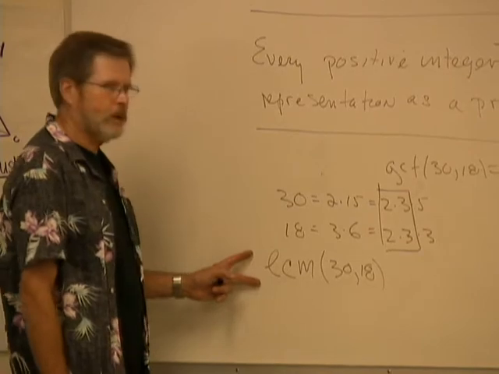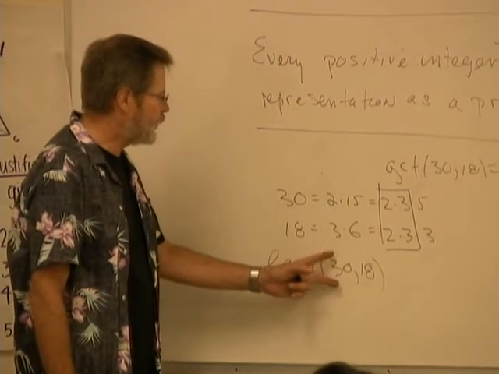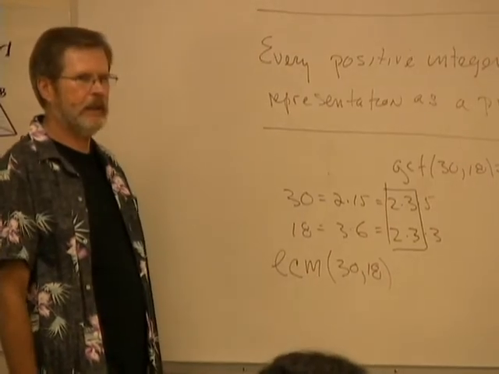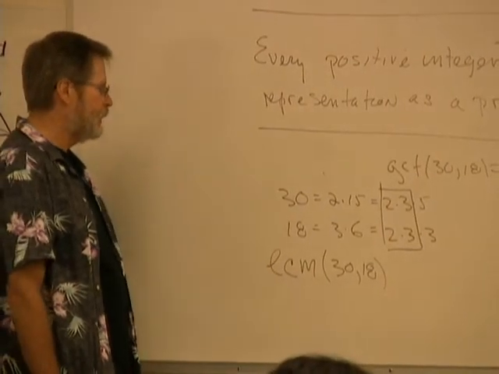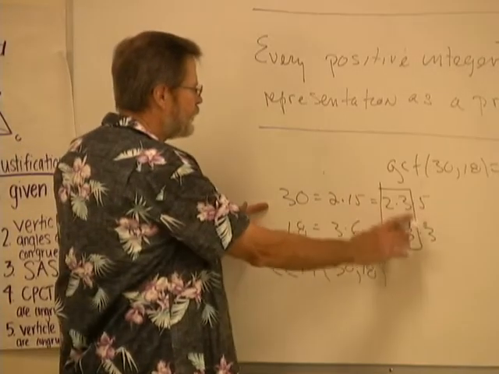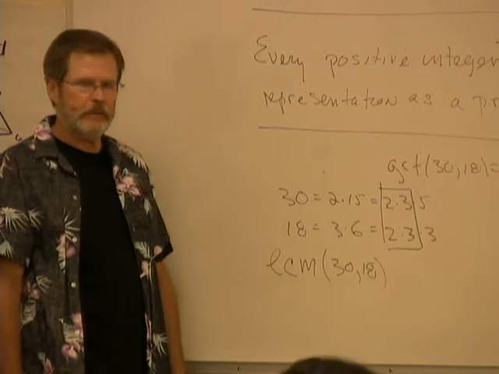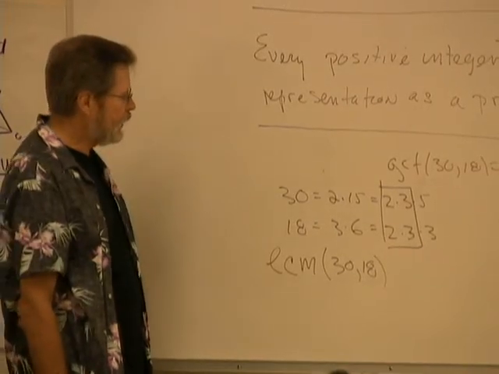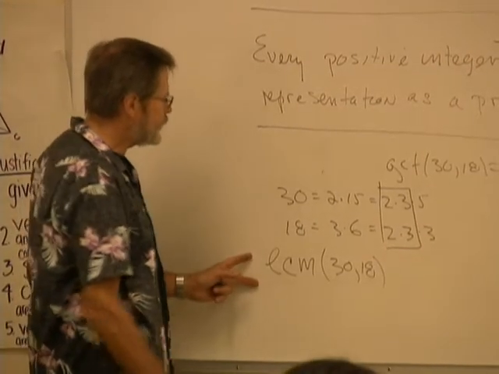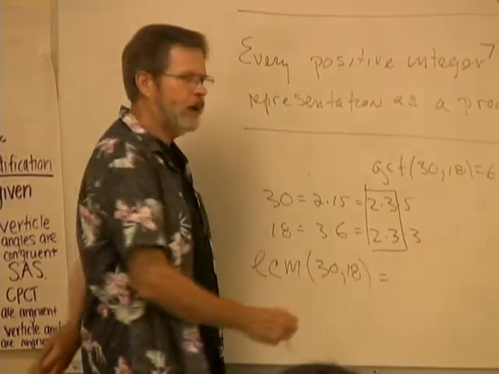And it is smaller than all other integers that both 30 and 18 divide. That's what makes it the least. So given a prime factorization like this, you can see how many primes they have in common. That determines what the greatest common factor is.